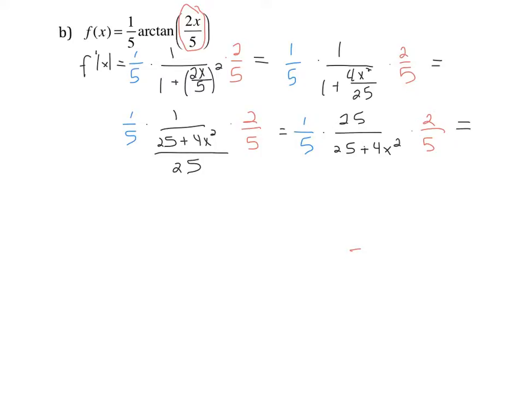In this case, the 5 here times the 5 here is going to make a 25, so the 25 will cancel with both of these, and then you'll just be left with on top the lone 2, and on bottom 25 plus 4x squared, and that's our final answer for f prime.